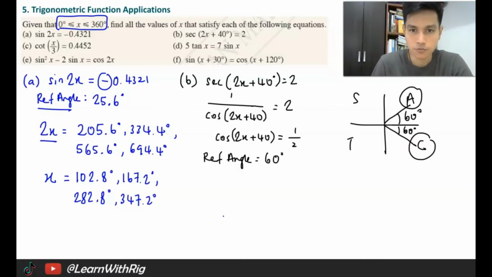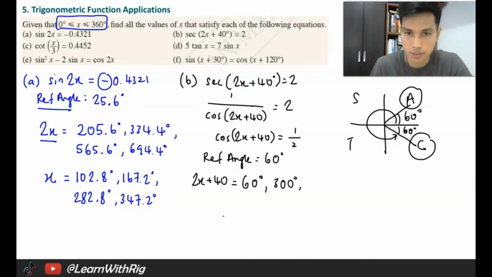So from here we know that 2x plus 40 is equal to what? The first quadrant is 60 degrees, so just write back 60. To find the one in the fourth quadrant, you take 360 because it's from 0 all the way to here, right? So take 360 minus 60, and your answer should be 300.